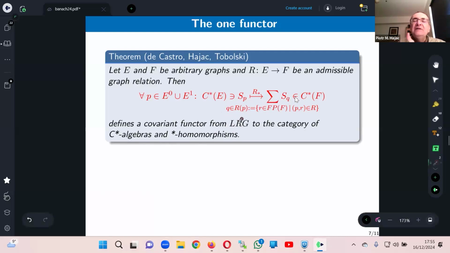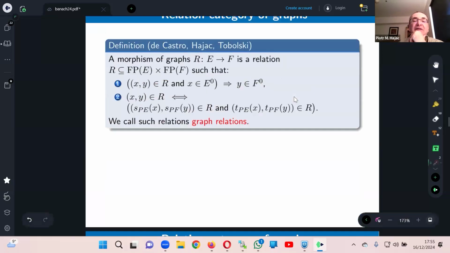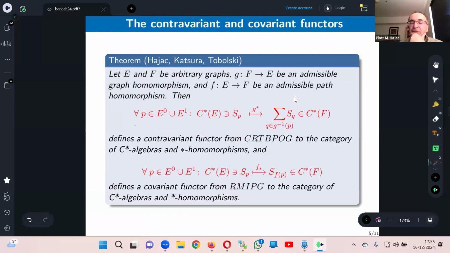So you can immediately see that this formula looks very much like the unification of the previous two formulas, because it's now really obvious that when you write these admissible path homomorphisms of graphs and homomorphisms of graphs as relations, this formula on the nose and immediately recovers these two formulas.